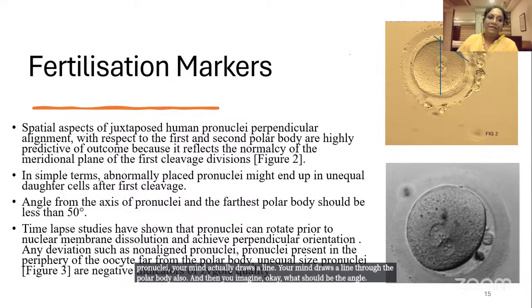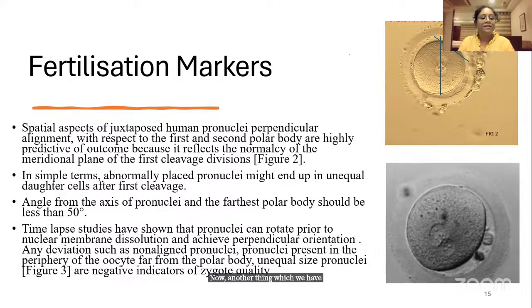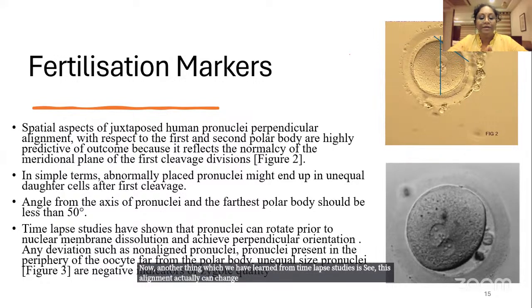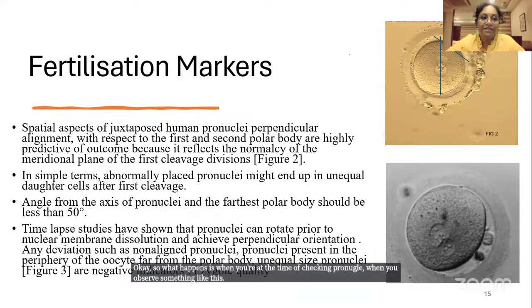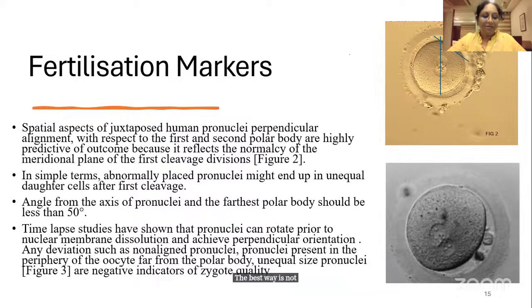Another thing we have learned from time-lapse studies is that this alignment can change, because this is a very dynamic process. Initially it could be a parallel formation, but before the nuclear membrane breaks, they can even orient it in the perpendicular form. So when you are checking pronuclei and observe a deviation from what you are expecting, the best way is not to discard it, but to take it out and put it in a different droplet for culture.